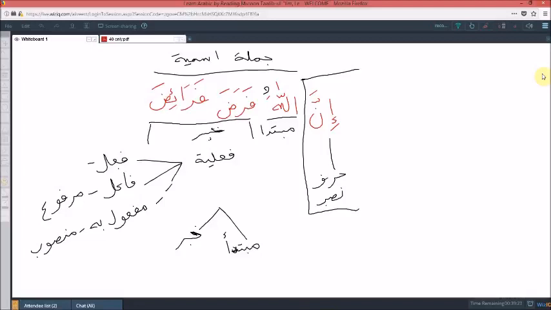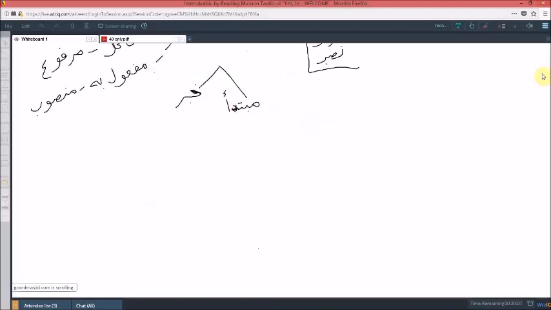Now, we said whenever we see a sentence, or whenever we see a fi'l, the first thing we're going to ask is number one, past, present, madi, mudari', or amr.